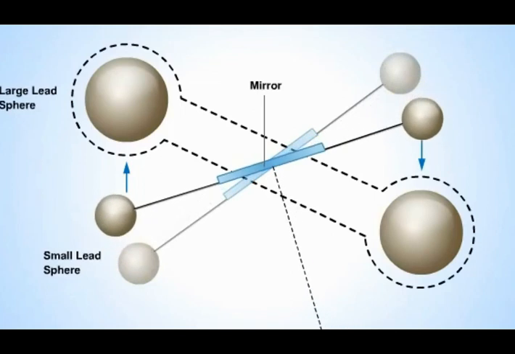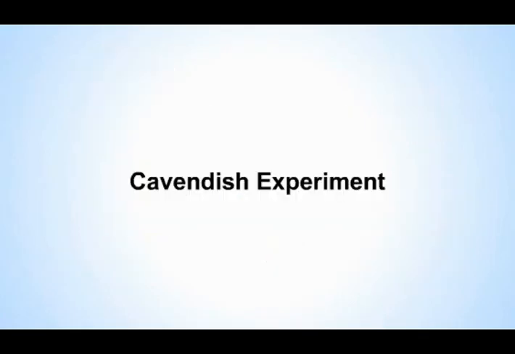And so the spheres were attracting the other spheres, and he was able to measure this angle in between. And from that angle, he could calculate the force of the object. And then after calculating the force, he was able to then look at Newton's laws and find the value of big G.